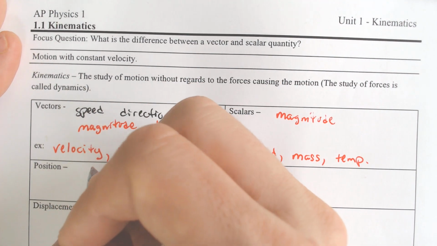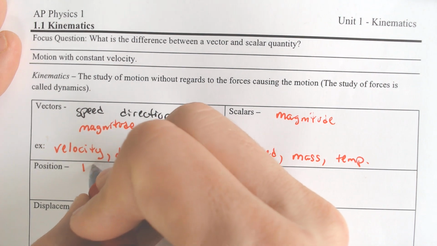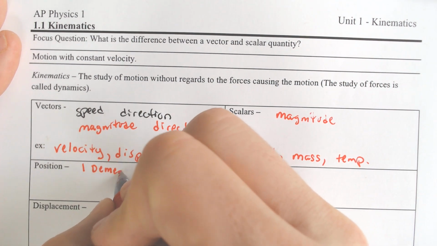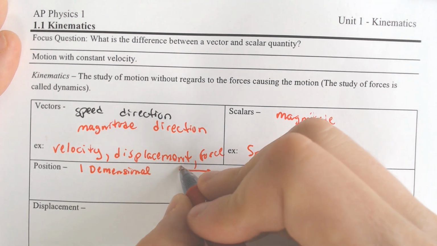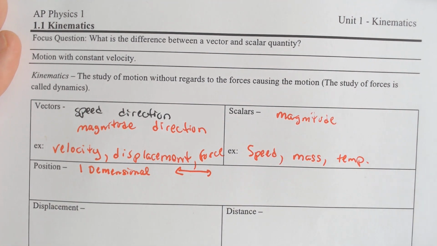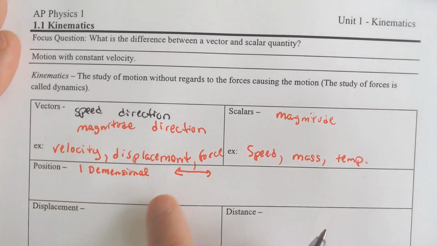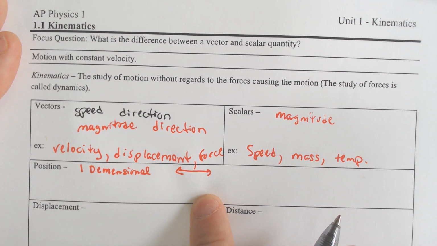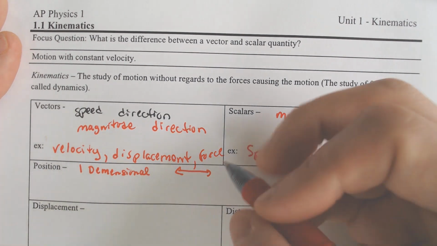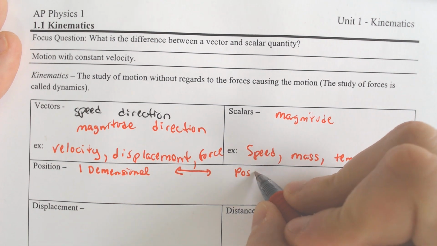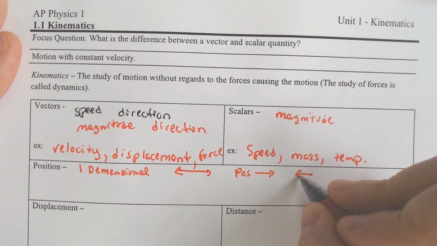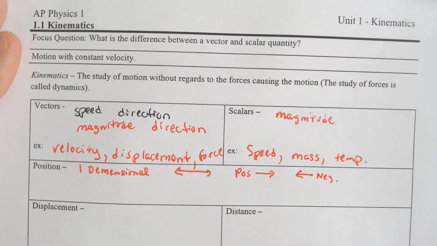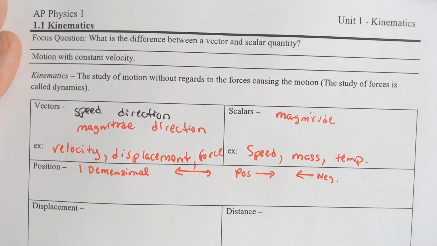So in the beginning, we're going to be focusing on one-dimensional, which would be a simple left-right idea or a simple up-down idea, and it refers to the x dimension. Positive would be going to the right, whereas negative would be to the left, like normal mathematical practices.